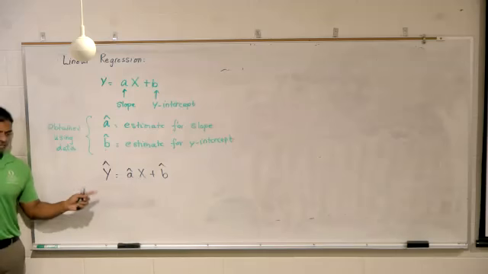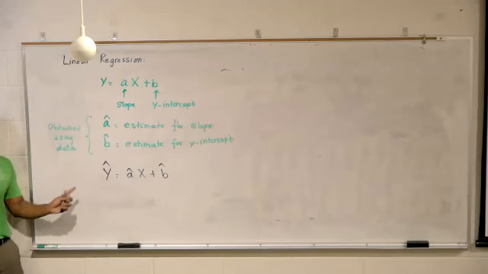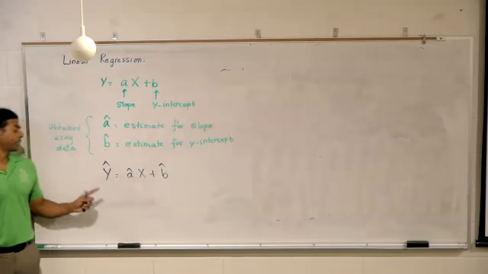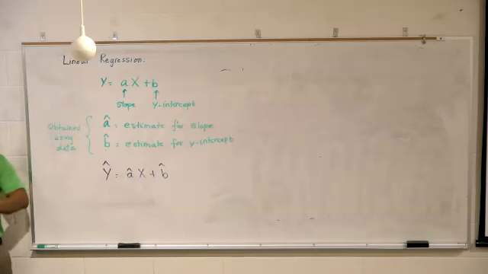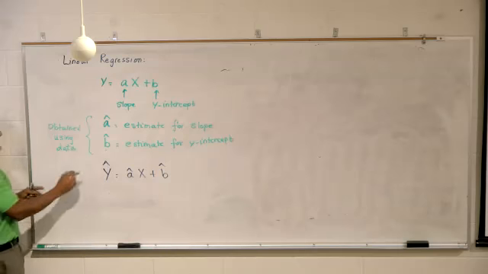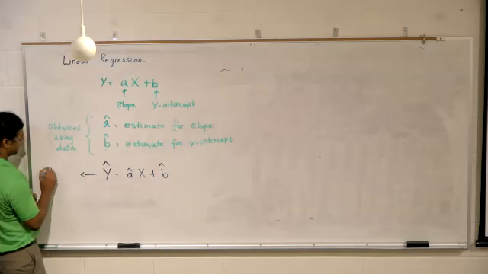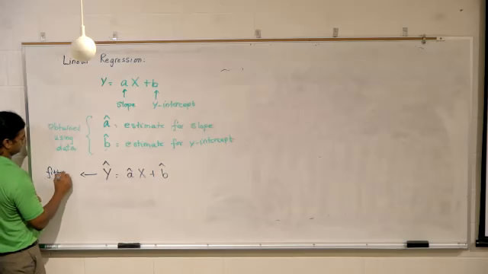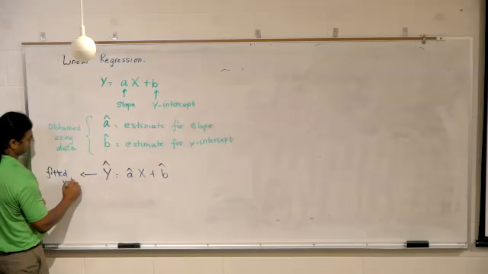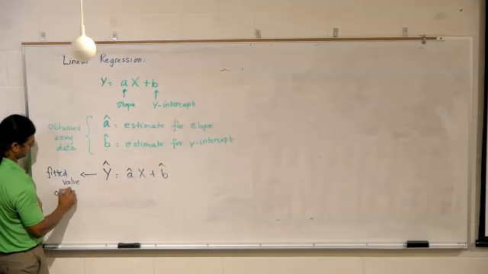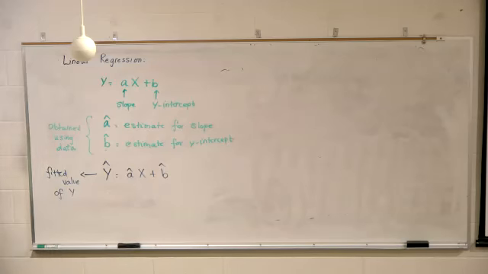But whatever number I would get by plugging in x is not the actual value of y. We call that the fitted value. Why do we call it the fitted value?